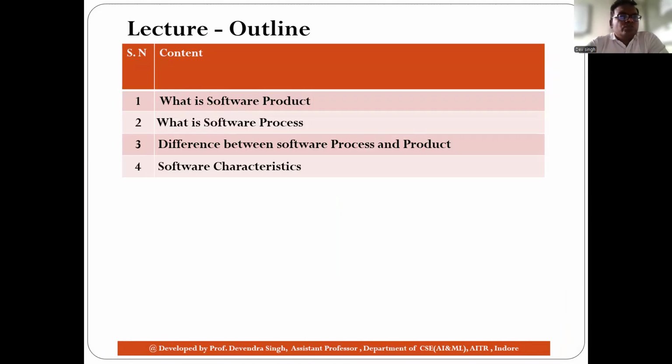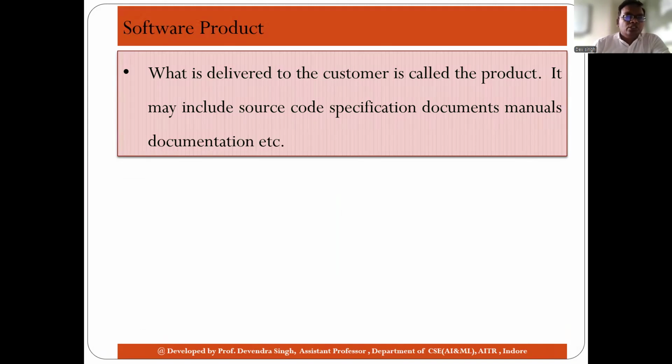My lecture outline is: what is a software product, what is a software process, the difference between software process and product, and software characteristics. Very first, we will discuss the software product. What do you mean by a software product? What is delivered to the customer is called the product.